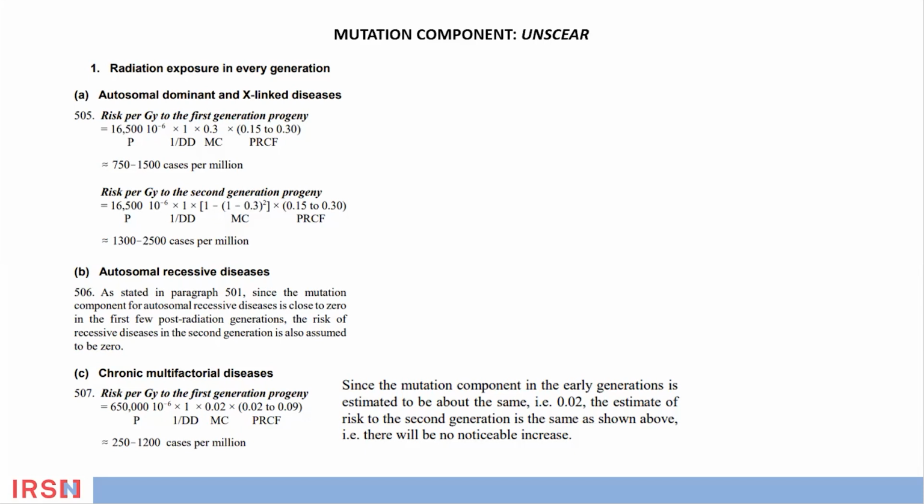Yeah, so we are still looking at the mutation component, and it seems that there are some differences between what is written in the UNSCEAR report and what has been used by the ICRP in publication 103.